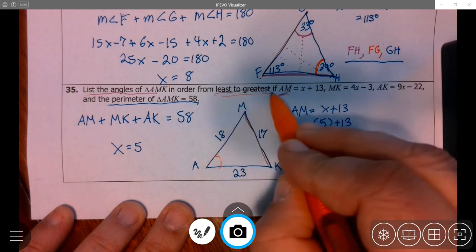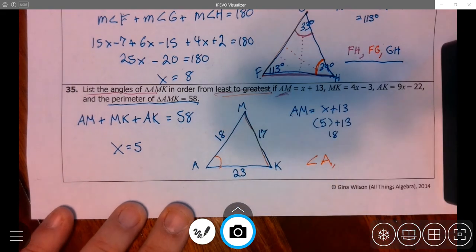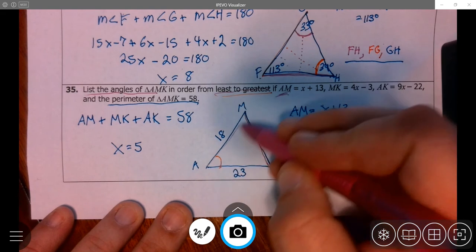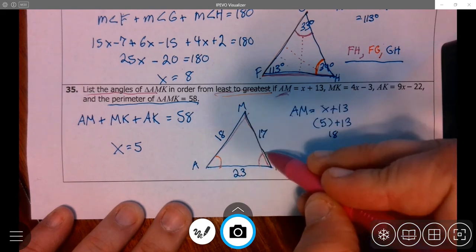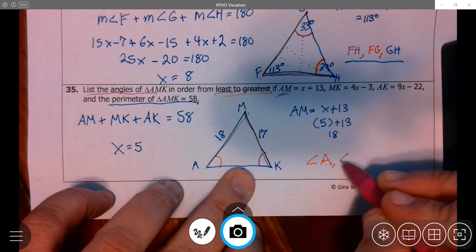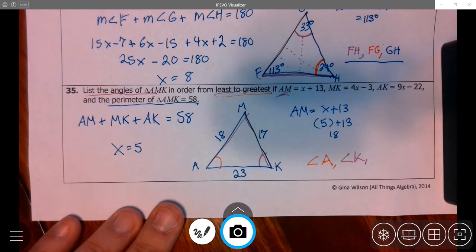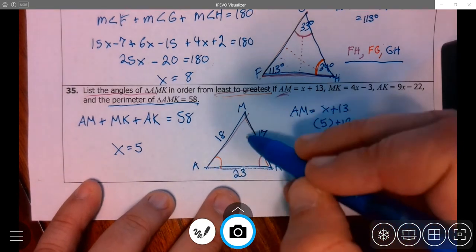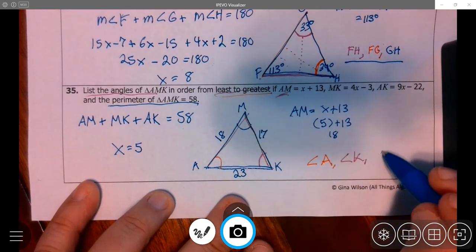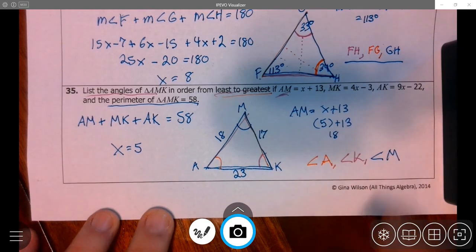So since we're going least to greatest, angle A is my least angle measure, or you can put the measure of angle A, either one is fine, followed by the angle opposite of 18, our next shortest side, which would be angle K, and our longest side is 23, and the angle opposite of 23 would be angle M. So that will be our largest angle, AKM.